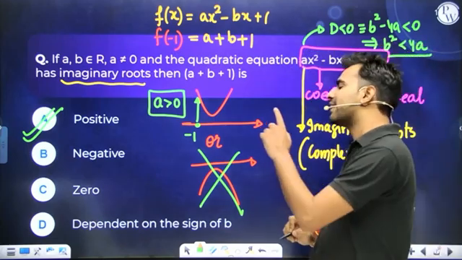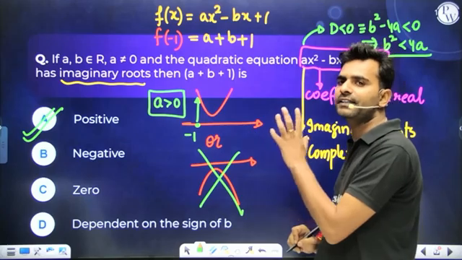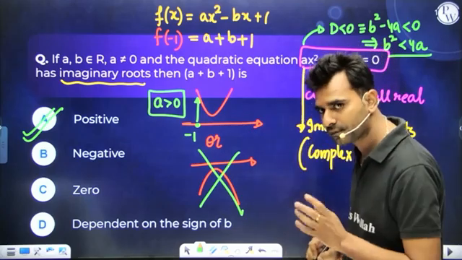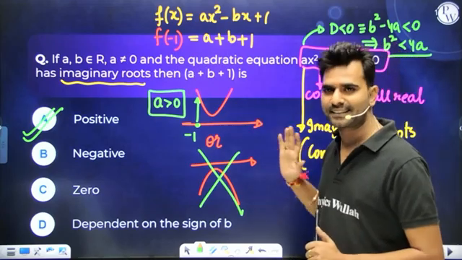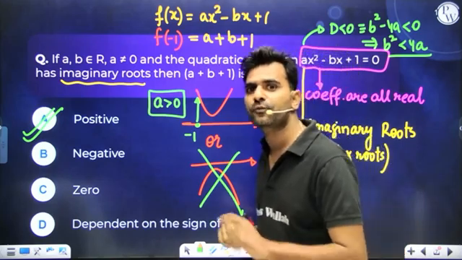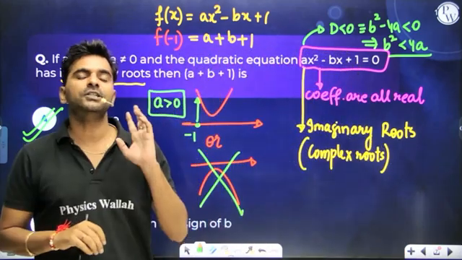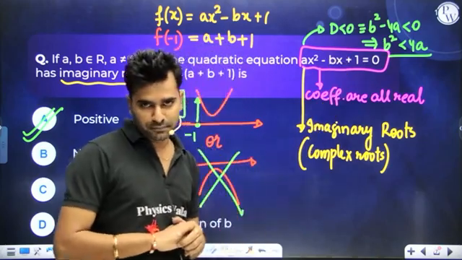Look, a quadratic can either open upwards or open downwards depending upon whether a is positive or negative. Number one. Number two, that the discriminant is negative means these two cases are there. Now, the discriminant being negative also means that b square minus 4a has to be negative, means b square has to be less than 4a. Now, b square is going to be a positive number because it is a square.